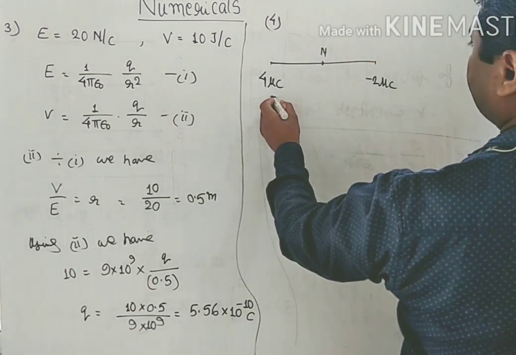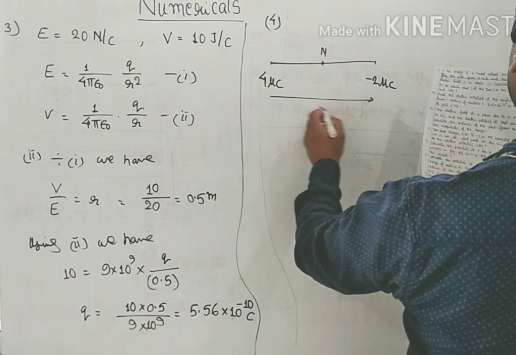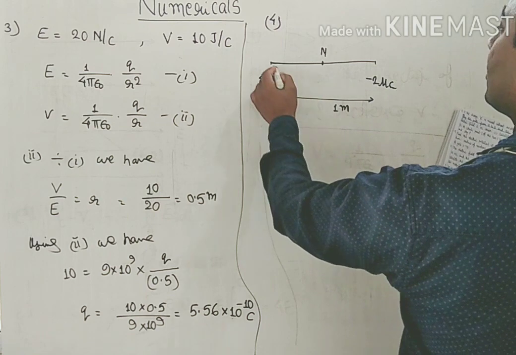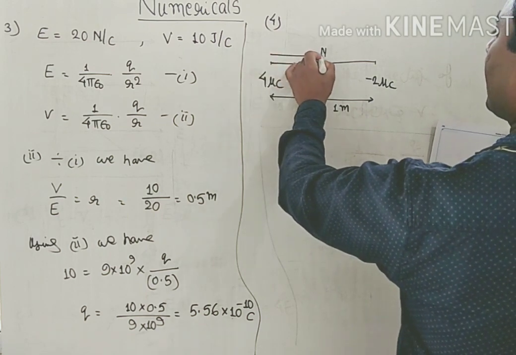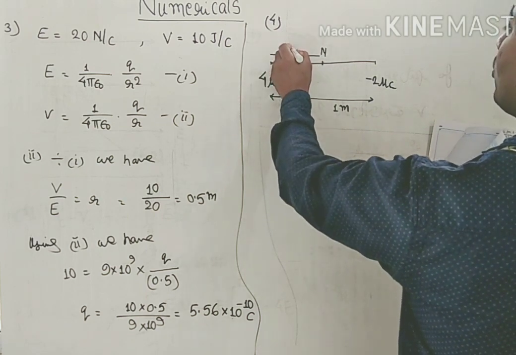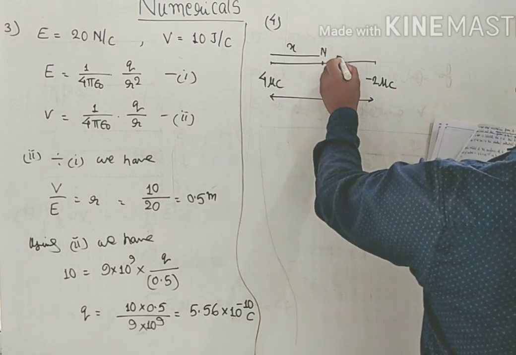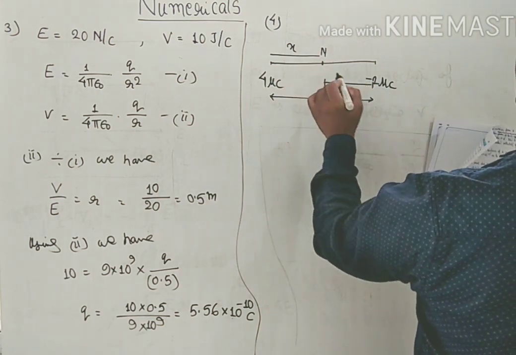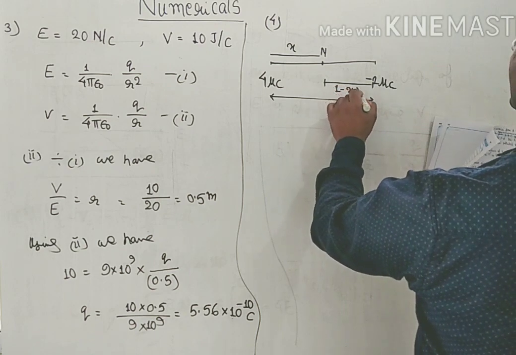So here the separation between these two is given to be 1 meter, and let the distance of this point from the 4 microcoulomb charge be x. So obviously this distance would be equal to 1 minus x.